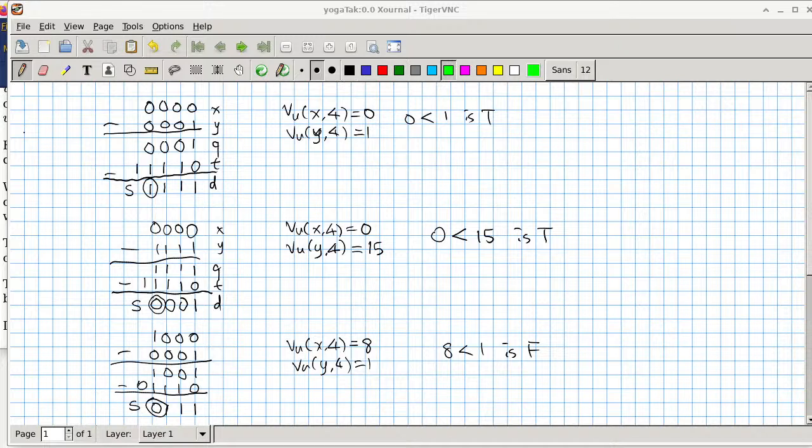So the question is this bit, is the 0 different from this 0 and also from this 1 at the same time? The answer is no. X is not different from both y and d, the most significant bit of y and d. So as a result, overflow is a 0 in this case. Overflow, whoops, wrong color. So we say overflow is a 0. It is false in this case.